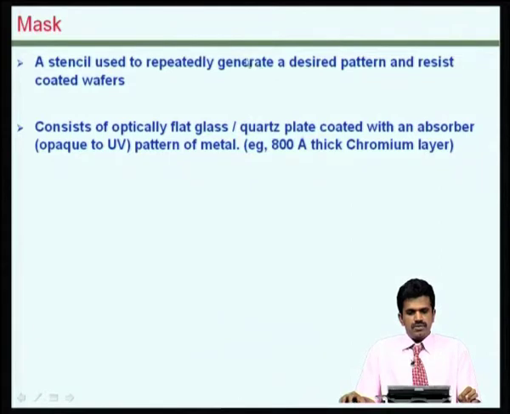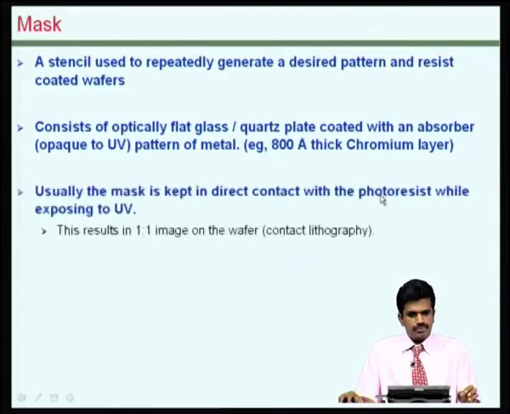Unlike in the case of printed circuit board, where typically a film is used, the mask used in microsystems consists of a flat glass or quartz plate coated with chromium or similar material. And then this is patterned and kept as the stencil for reproducing several devices or several layers with the same pattern.